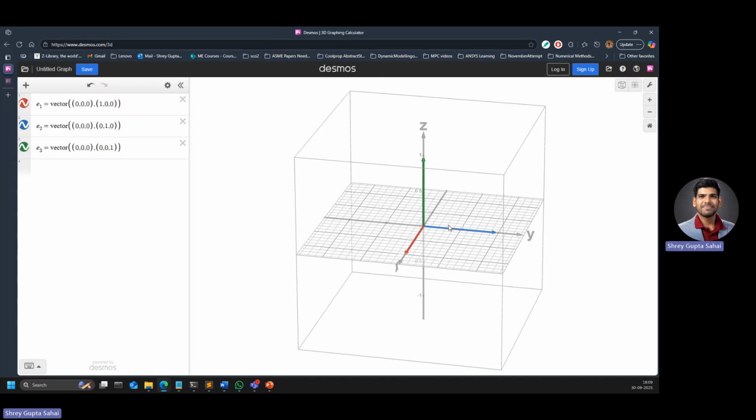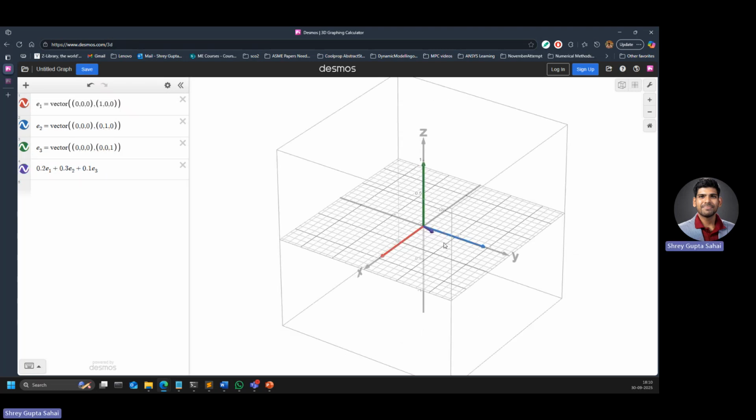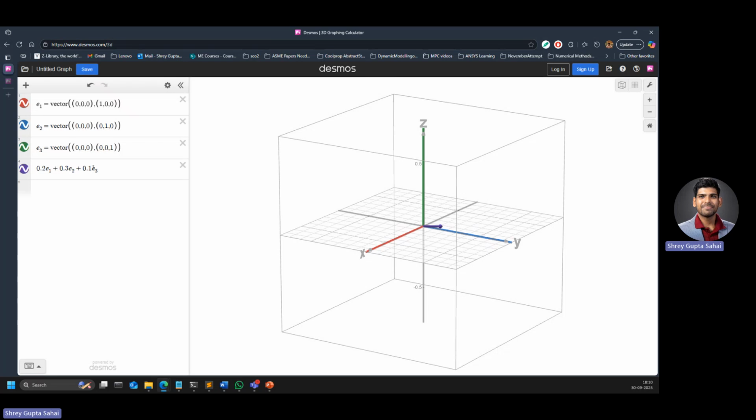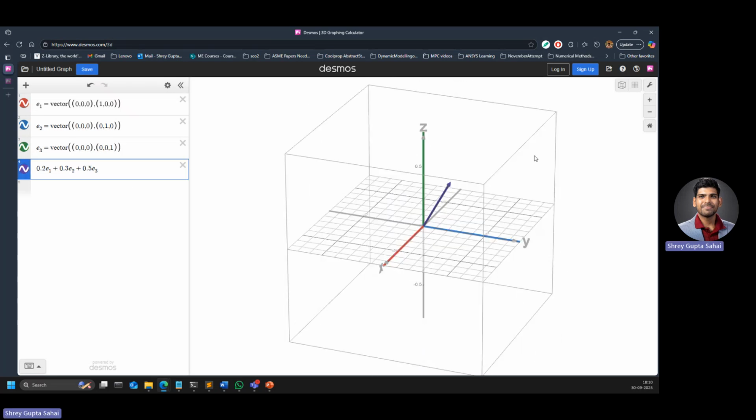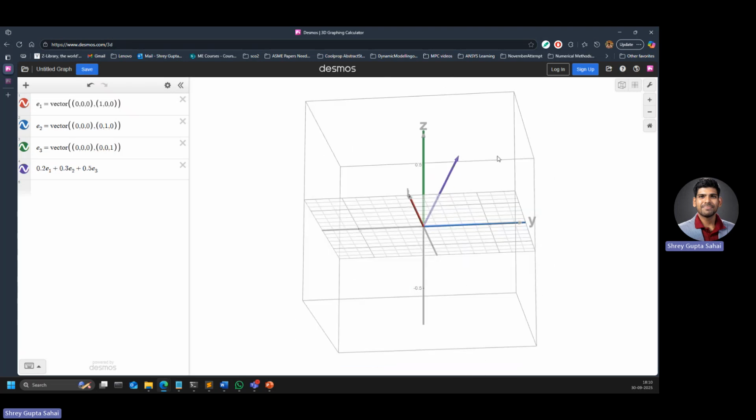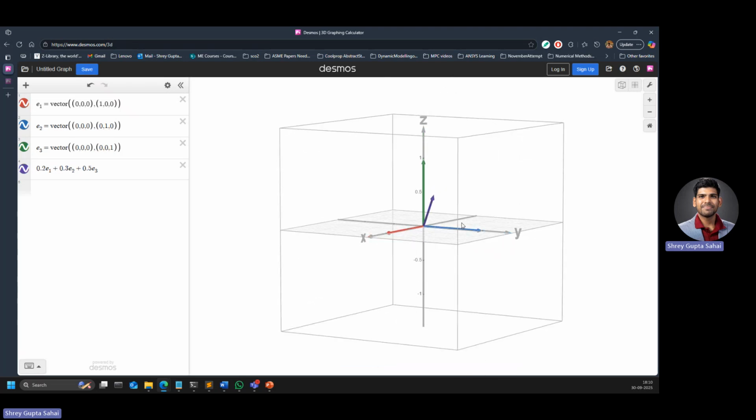You can always have 2E1 plus 3E2 plus 0.1 E3. Let me reduce this so that it can come in. So you see, any vector can be represented by a combination of these three vectors, right?